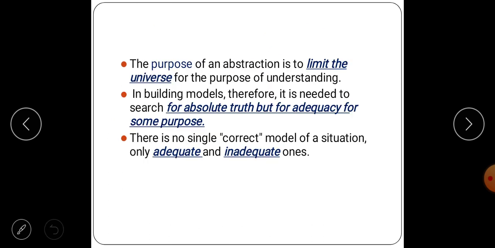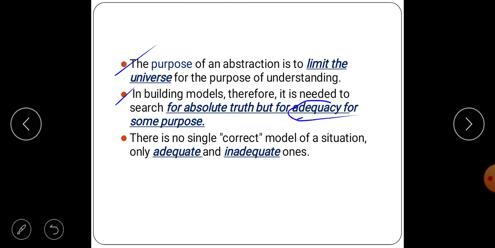Next, the purpose of an abstraction is to limit the universe for the purpose of understanding. Next, in building models, it is not needed to search for absolute truth, but for what is adequate for some process. Adequate means the quality should be acceptable. If you are creating something, that quality must be acceptable to the user.